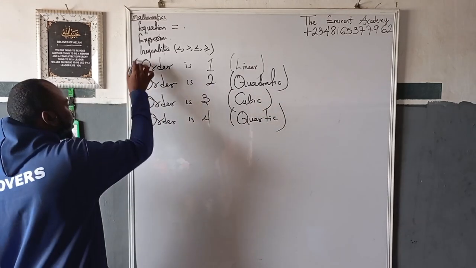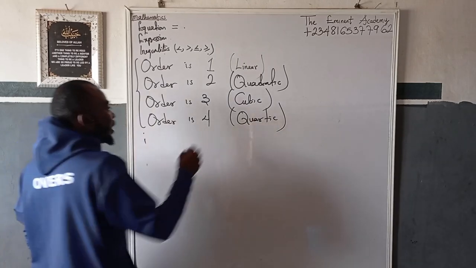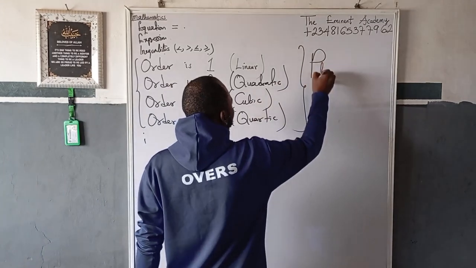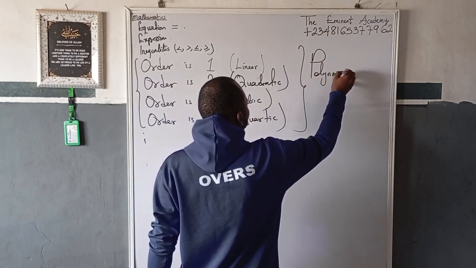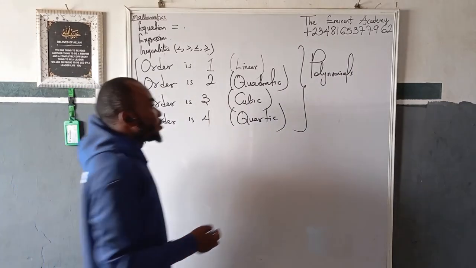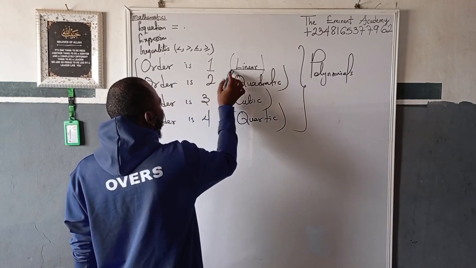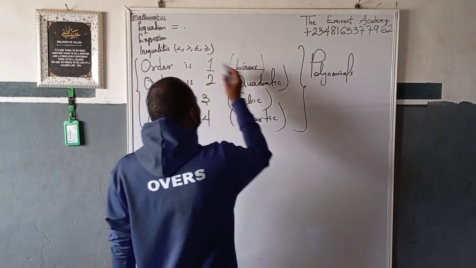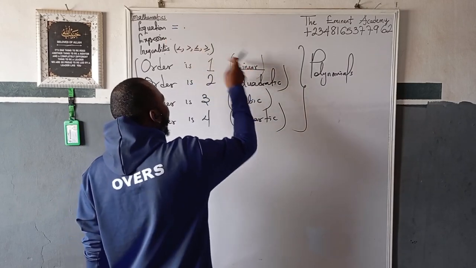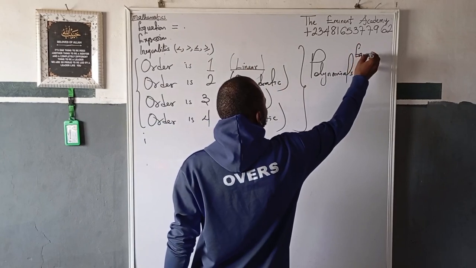Now, all these that I'm talking about have a general name given to them, which is called polynomial. We call them polynomials. So in a polynomial, we can now say that a linear equation, or a linear expression, or a linear inequality. But let me major on equation for now, because that's what we're treating most.